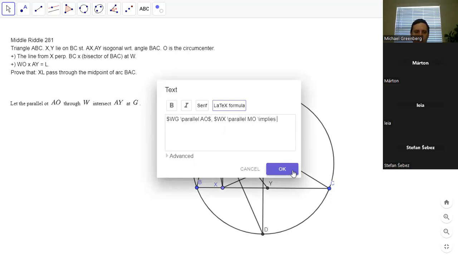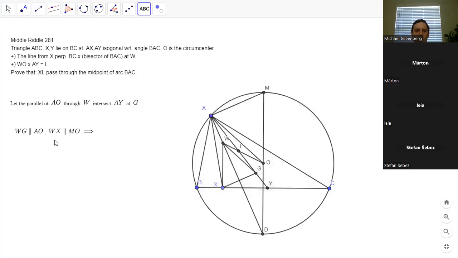And that means that angle XWG is angle AOM.